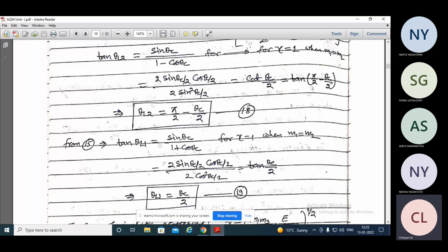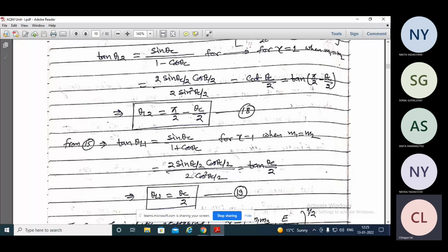तो ये tan theta L1 है equal to sin theta C over 1 plus cos theta C. तो हमारे पास पहले 1 minus cos theta C था, अब हमारे पास है यहाँ पर 1 plus cos theta C। तो ये जो कैलकुलेशन है वो आपको gamma equal to 1 के लिए करना चाहिए। पहले 1 minus cos theta था, अब 1 plus cos theta। ठीक है.